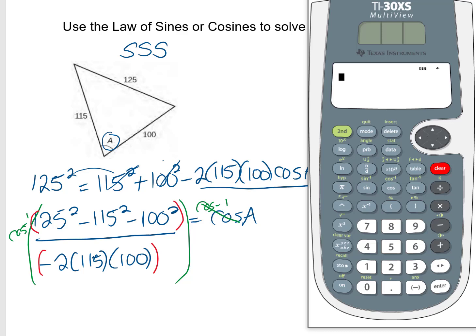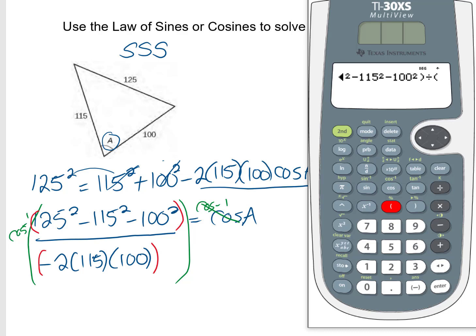I'm in degrees. I do inverse cosine, and then there's the parenthesis to start it, but I need a parenthesis to start the numerator. Then 125 and hit the squared button, and then minus 115, hit the squared button, and then minus 100, hit the squared button, parenthesis to end the top, then hit the divided by, parenthesis to start the bottom.